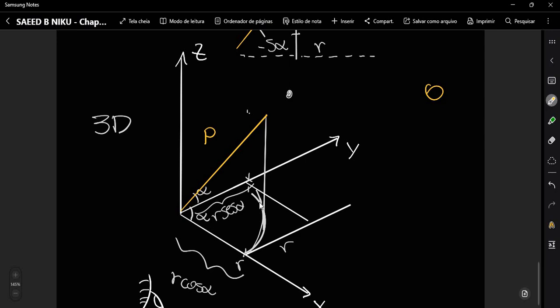We have to work with them as generic values. So the point is this maximum point, something like this.